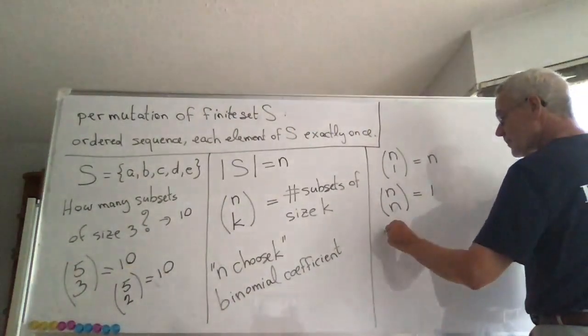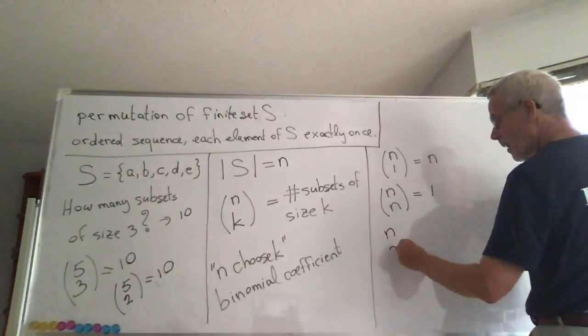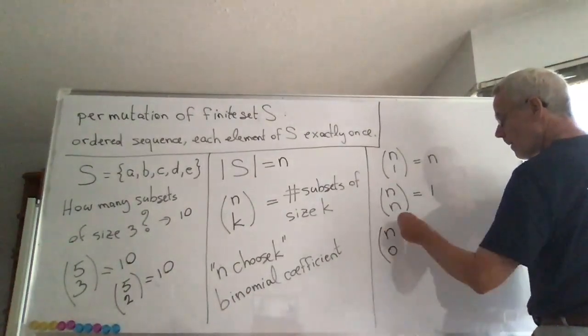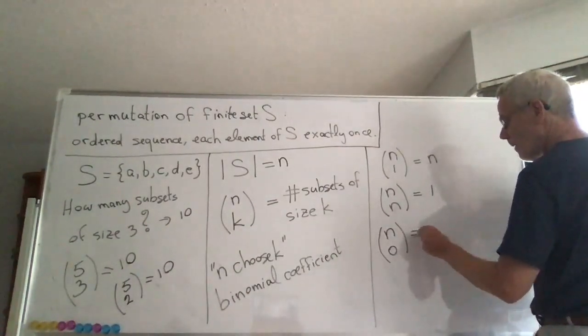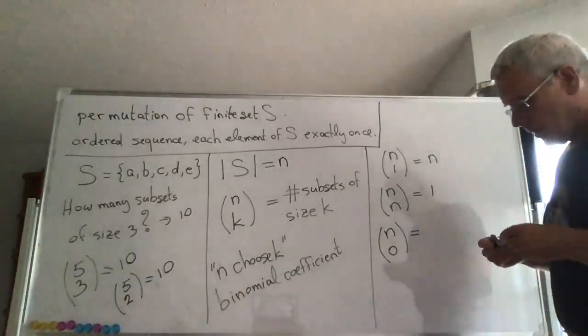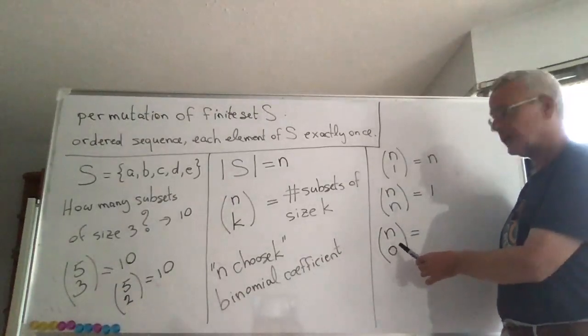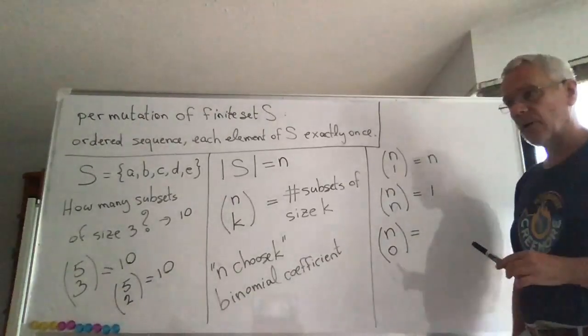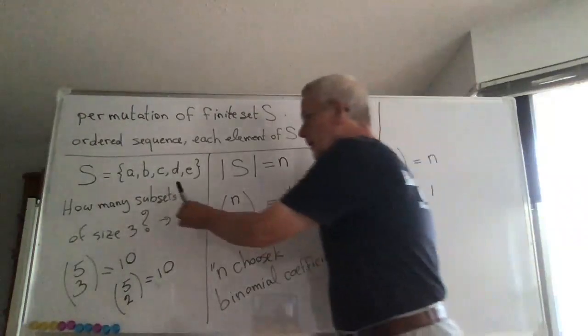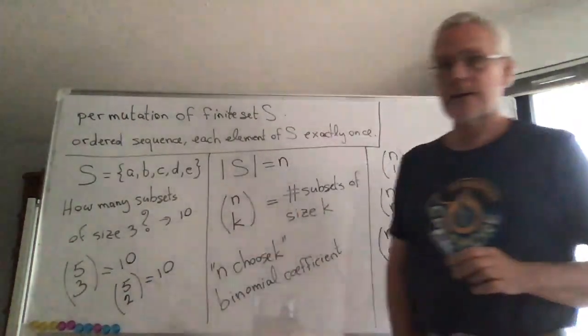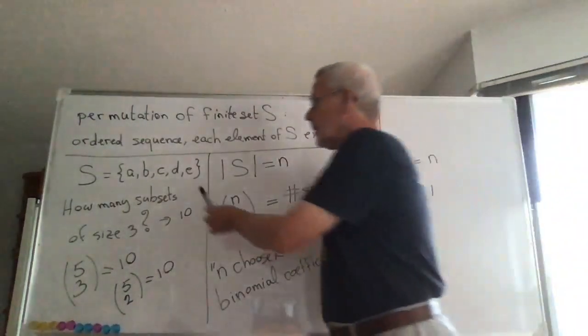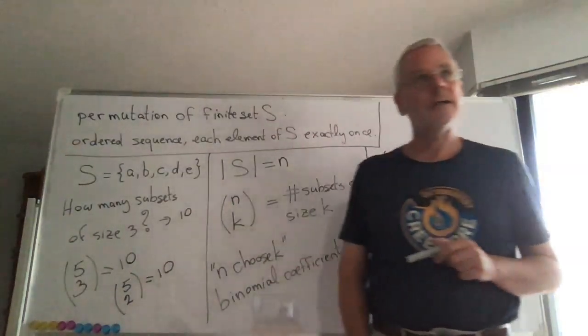Now what is n choose 0? We have a set of size n, and we want to count the subsets of size 0. In the example here, the set has size 5, and how many subsets are there of size 0?